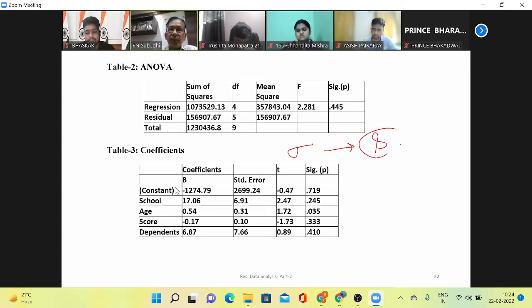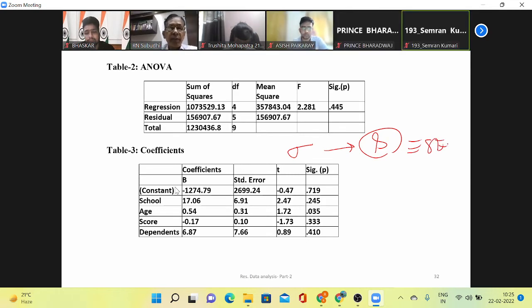And this is nothing but standard error. So these are the factors: standard error of A, standard error of B1, standard error of B2, standard error of B3. So these symbols you should note down.